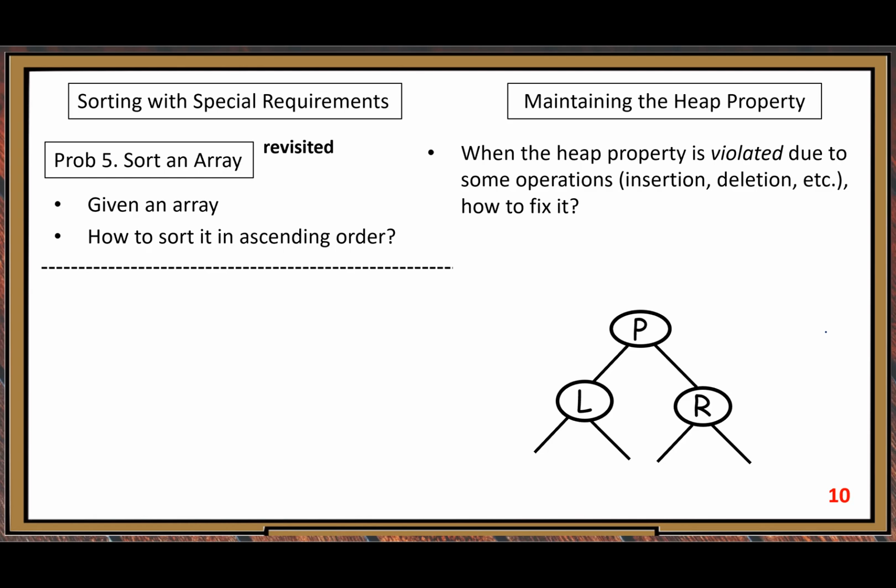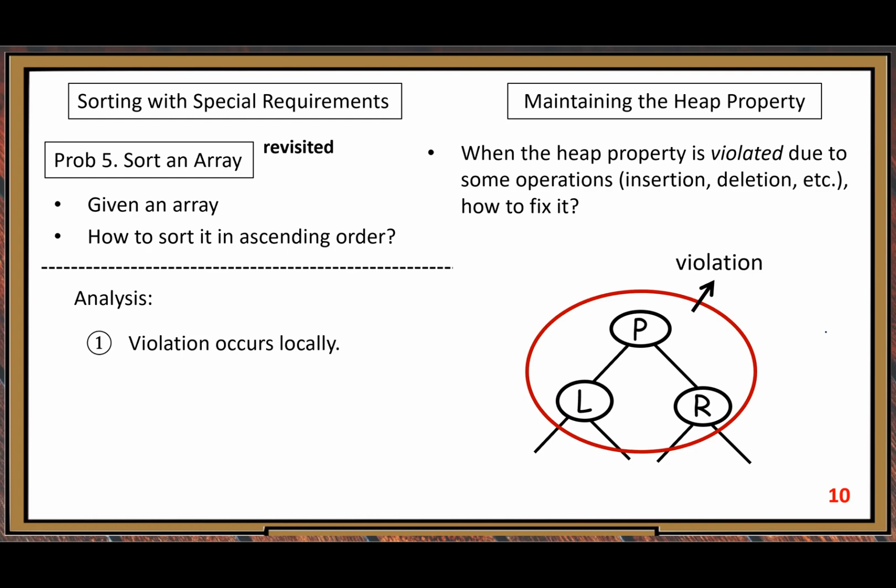Here let's talk about the general case. Suppose there is a violation that occurs around this triangle structure, this local triangle structure. We need to use the swap operation to fix it. Then we can swap the values to fix it.